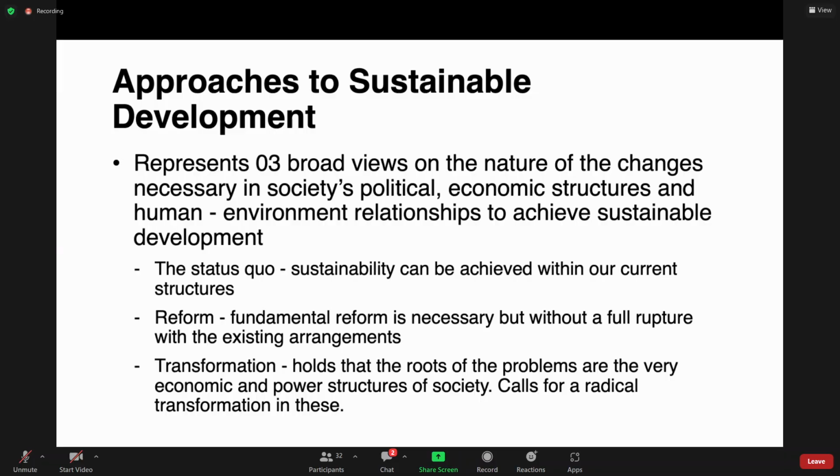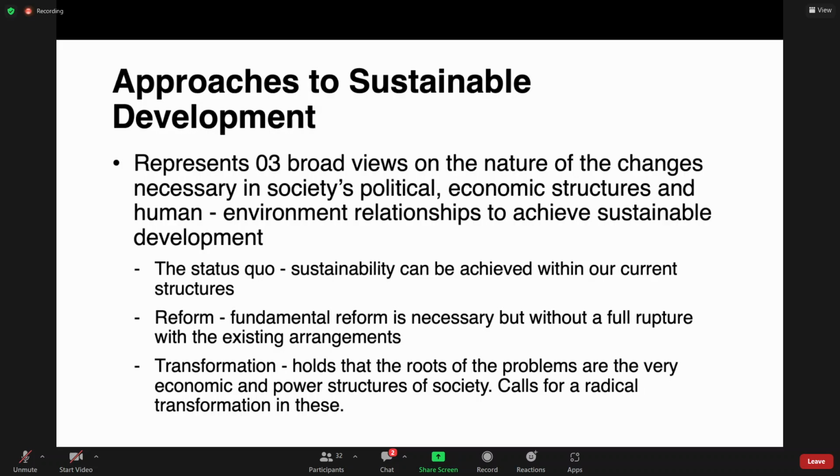Some say that what we are doing now, the status quo, is enough. Within our current structures and systems, we can achieve sustainability.